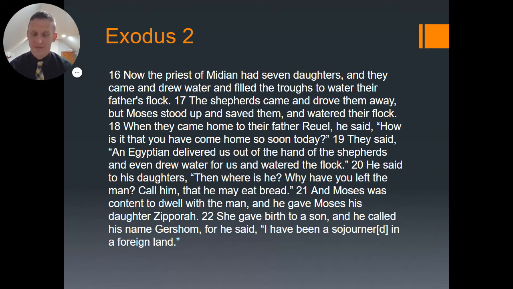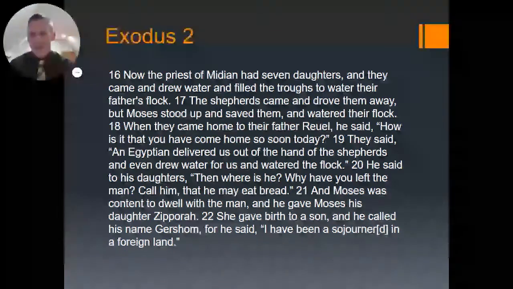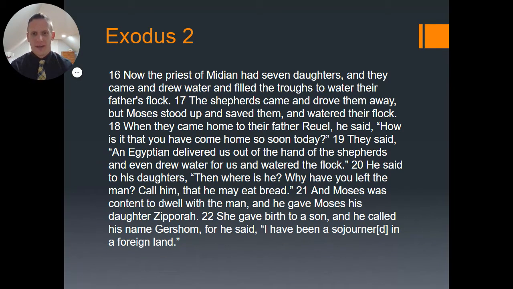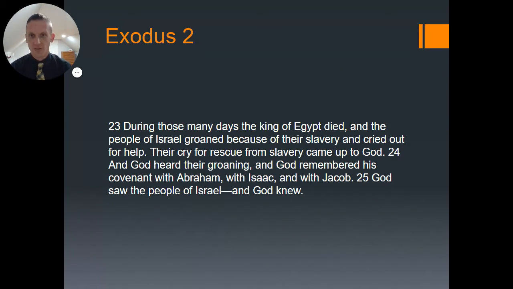He gave Moses a wife. Her name is Zipporah. And Moses dwells with him. He sort of becomes part of the family. He's this wanderer, and his act of kindness to these shepherd girls results in him having a family. And she gave birth to a son, and his son was named Gershom, for he said, "I have sojourned in a foreign land."